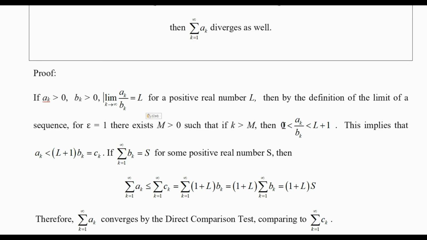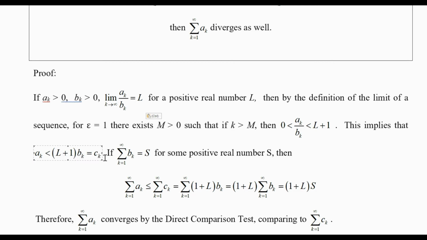And of course, it'll be really between that limit plus epsilon and that limit minus epsilon, but certainly we know it's positive. So in particular, we have it's between 0 and L plus 1. So that implies, if we solve this inequality by multiplying both sides by b sub k, which is a positive number, remember, we get a sub k is less than L plus 1 times b sub k.